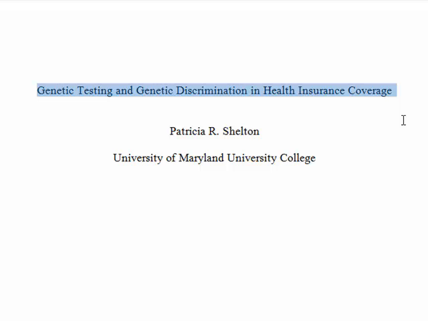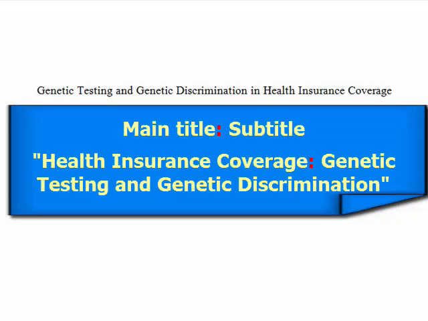So you want to leave out extraneous words such as this experiment or the results of this experiment. Now, if you use a subtitle in APA, you must mark the boundary between your main title and your subtitle with a colon, as you are seeing here.